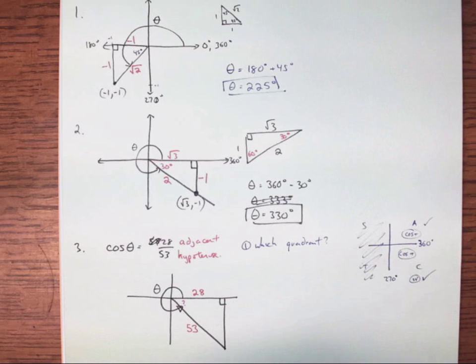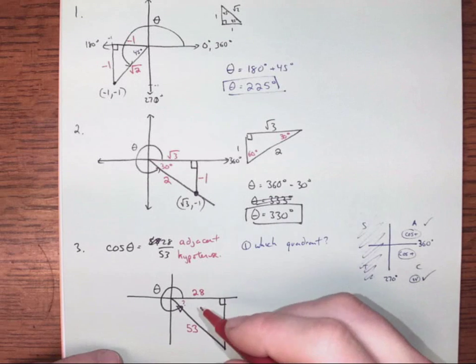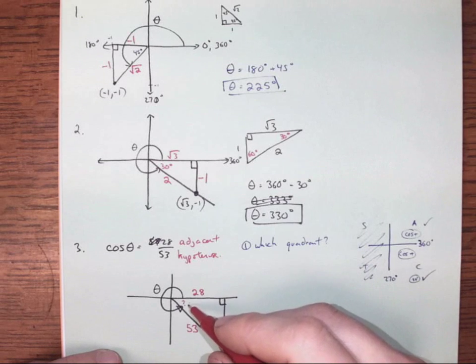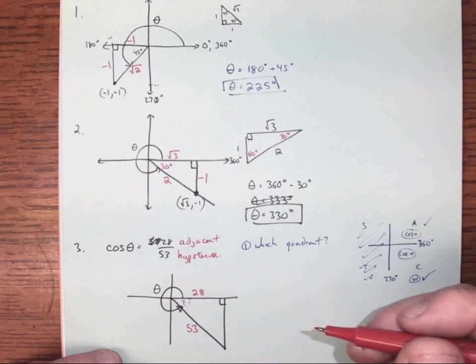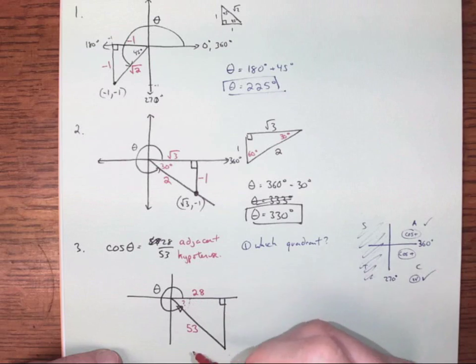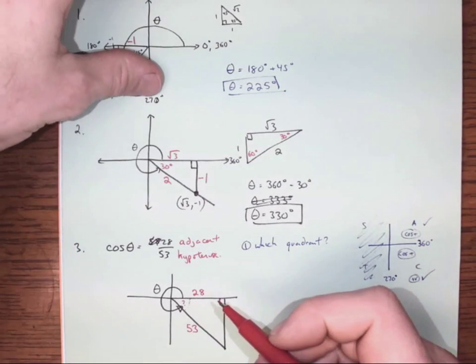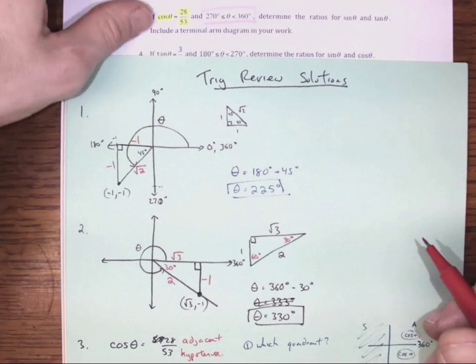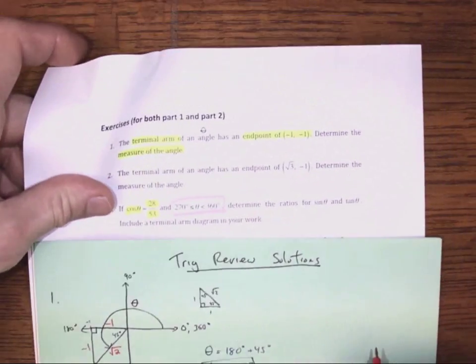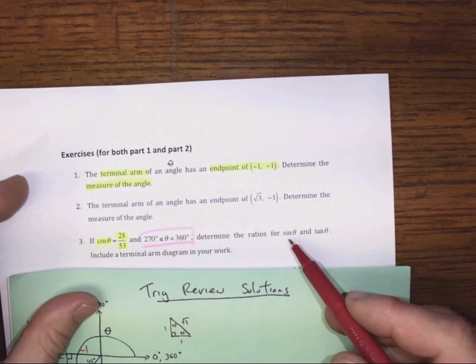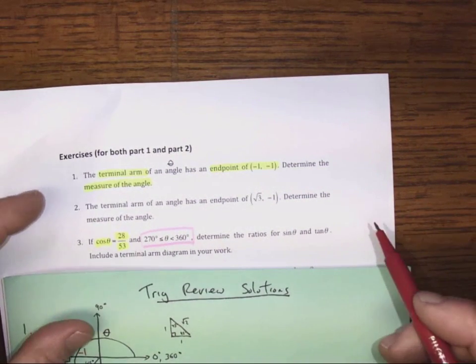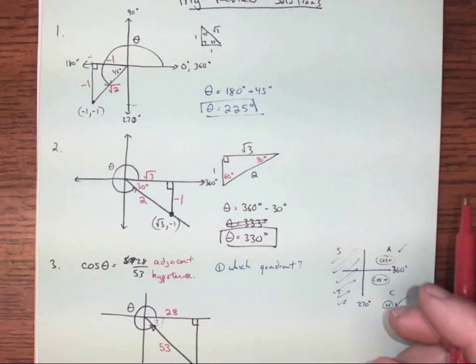Okay. So I might say, okay, well, how big is this angle? What can I do to find the size of that angle? Well, hang on, wait a second. What am I asked here? Oh, we're asked to find the ratios for sine theta and tan theta. I see. Okay, that makes more sense.